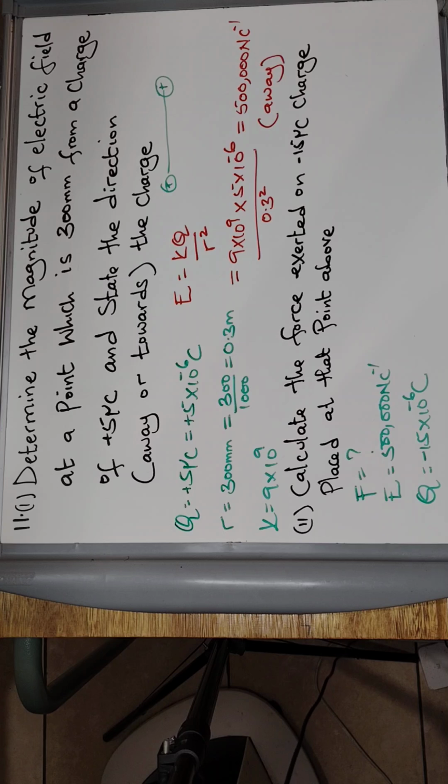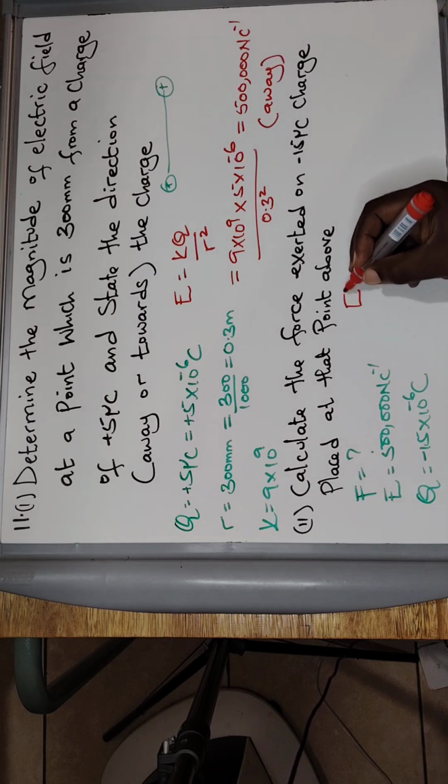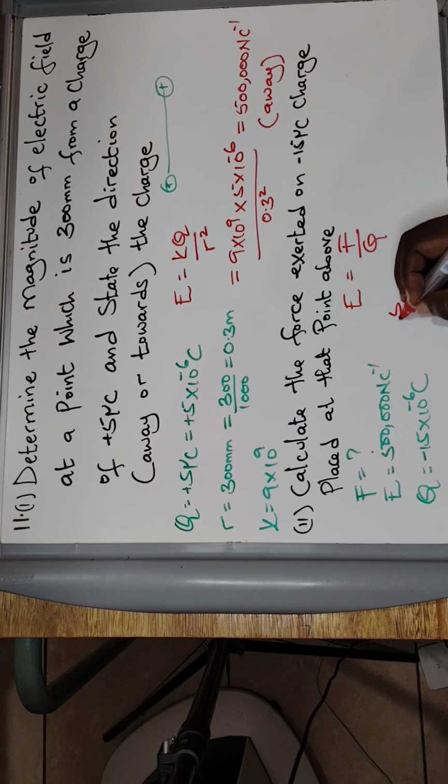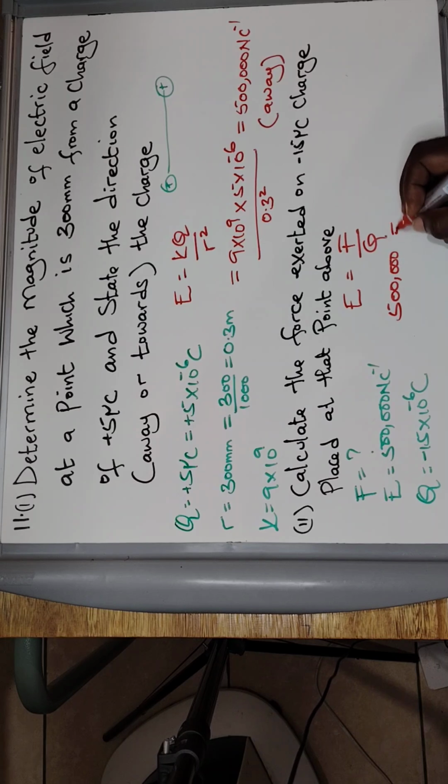Okay, what do we do after here? Then you go for the right formula. It says E is equal to F over Q, and E is 500,000. And what is F? F is wanted. And what is Q? Q is 15 times 10 power minus 6.